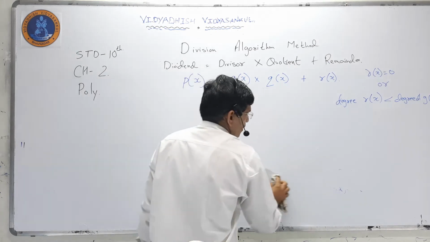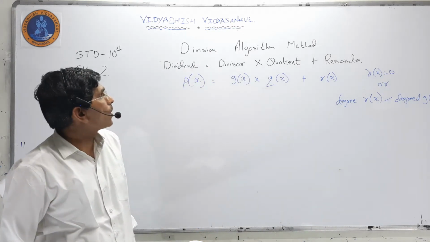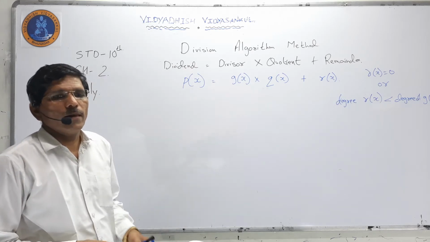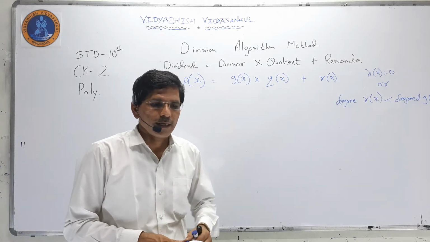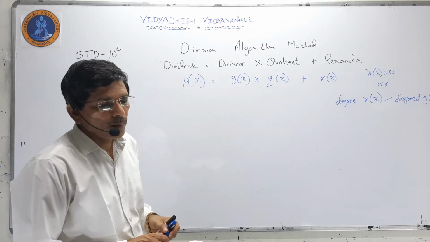That is our rule. It is also called the division algorithm method. Now one more sum I have to write, that is minus.